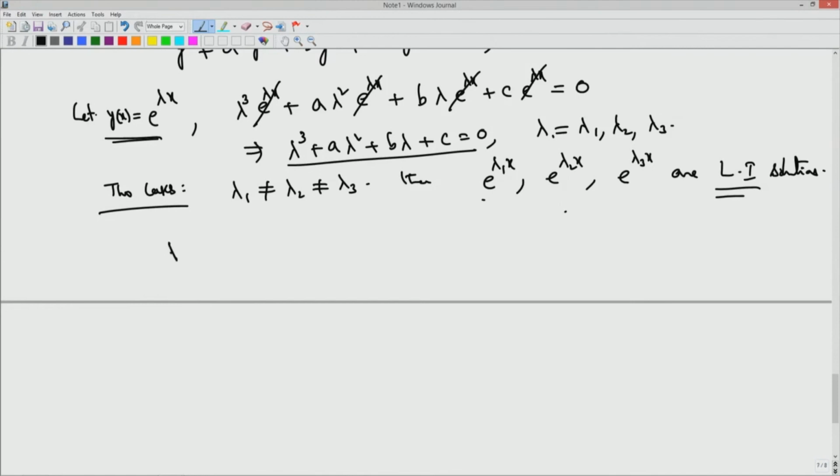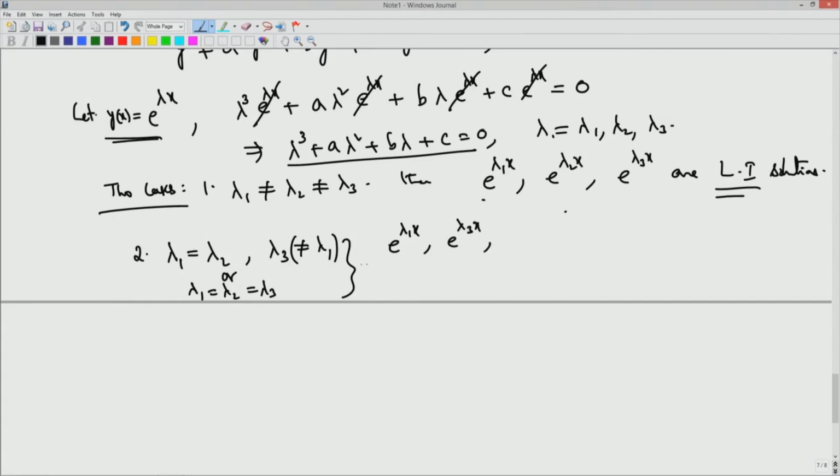The second case is that any two or all of them are the same. So lambda 1 equal to lambda 2 and lambda 3 not equal to lambda 1, or lambda 1 equal to lambda 2 equal to lambda 3. So any 2 are the same or all 3 are the same. In such a case, e power lambda 1 x and e power lambda 3 x are linearly independent because lambda 1 and lambda 3 are different.